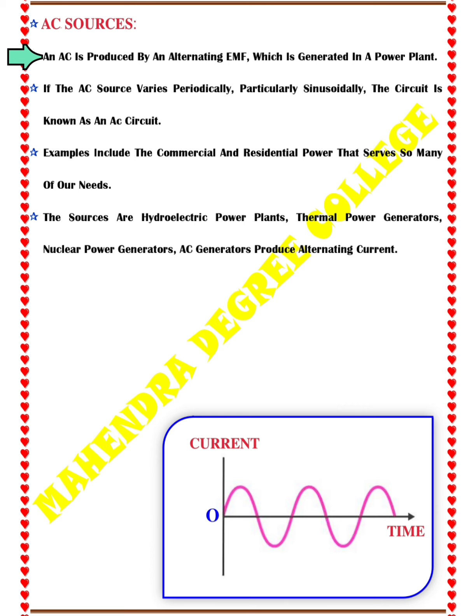In power plants, AC generators or AC alternators rotate magnetic fields within coils, creating alternating electromotive force.